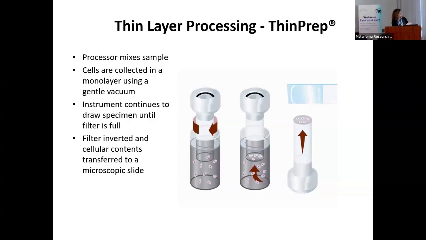The cells are mixed, and then using a vacuum they are pulled through the liquid up into this filter where they are adherent to the filter. They stick to the filter, and the filter will collect up to 10,000 cells. Now, Dr. Singh is really, really good, but there's never 10,000 cells in an eye sample. So we will fill that filter till there's no cells left. And that's what we do.